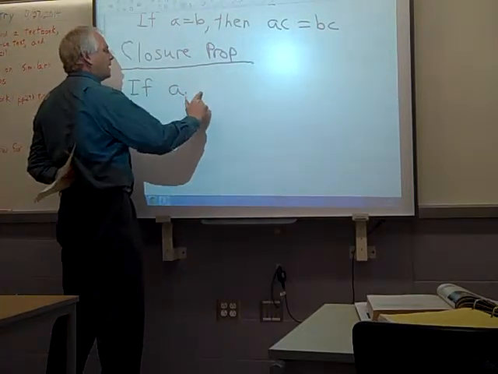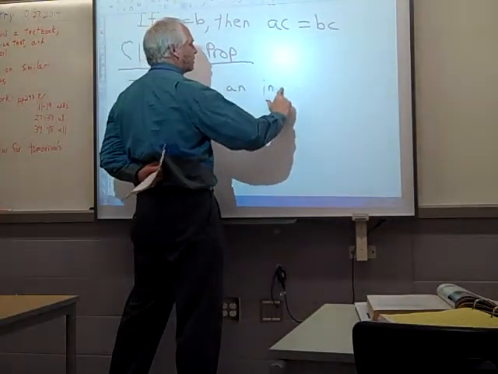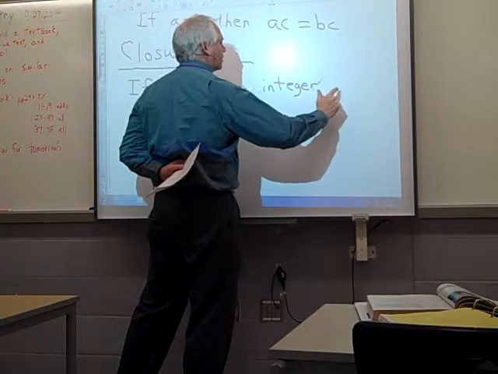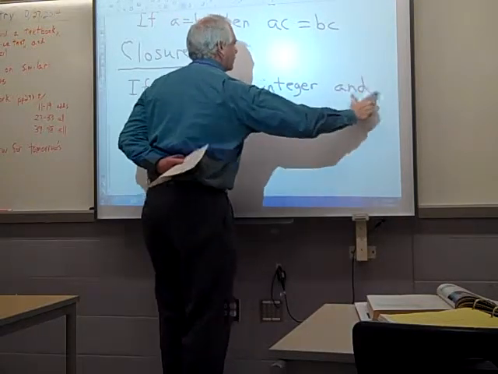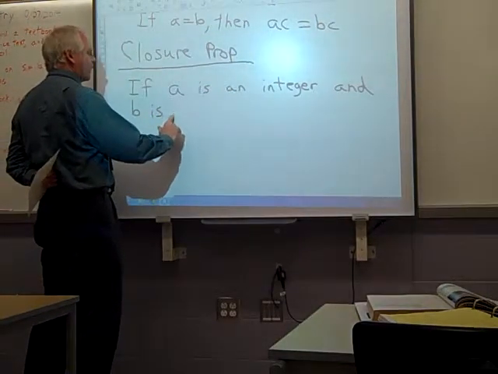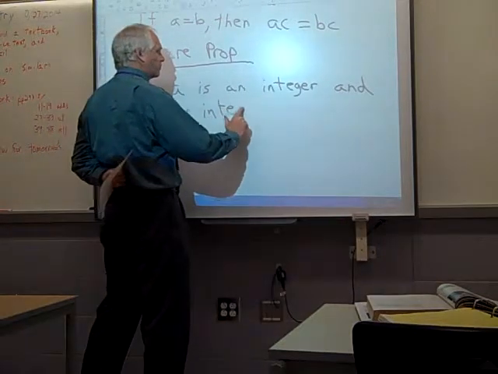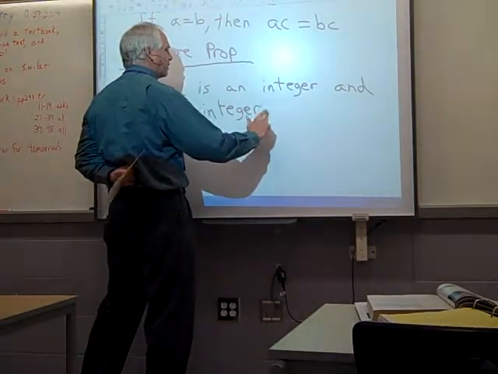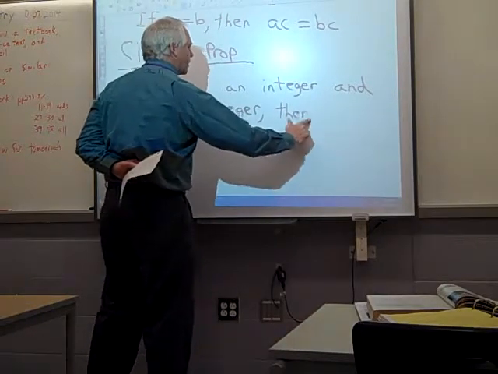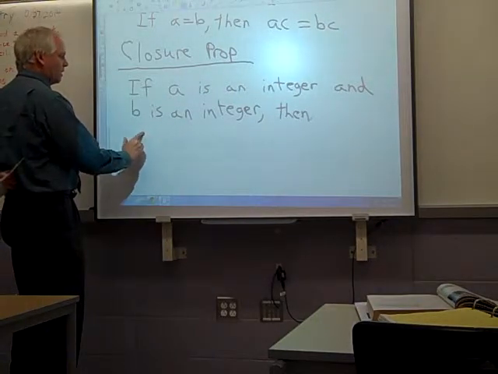If A is an integer, and B is an integer, then here's the closure property for addition.